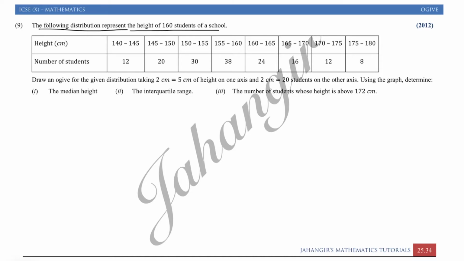Draw an ogive for the given distribution taking 2 cm as 5 cm height on one axis and 2 cm represents 20 students on another axis. Use the graph to determine the median height, and for the interquartile range you have to find Q3 minus Q1.